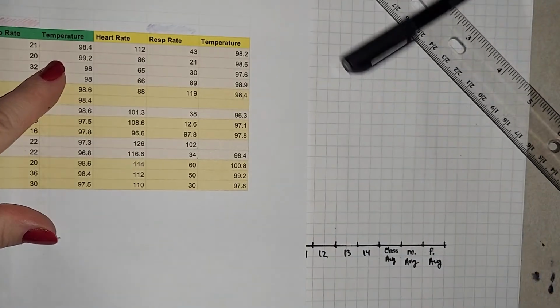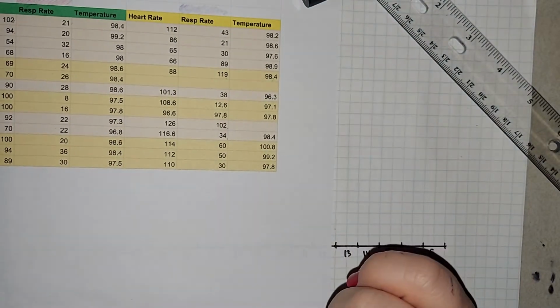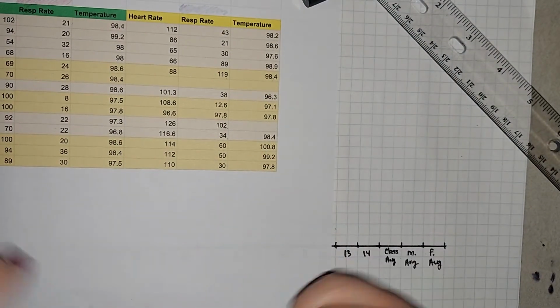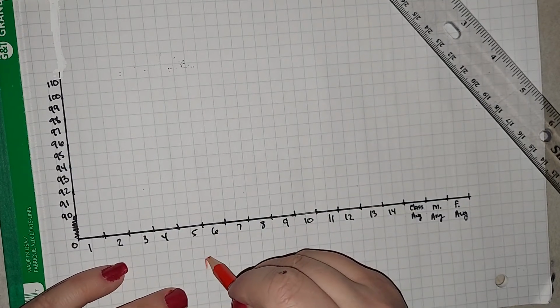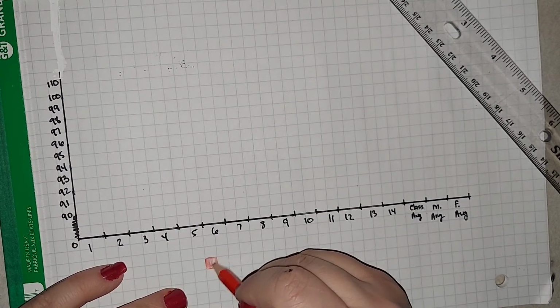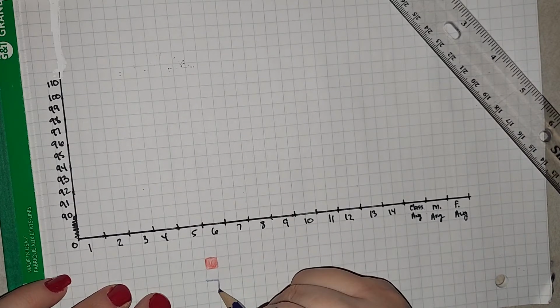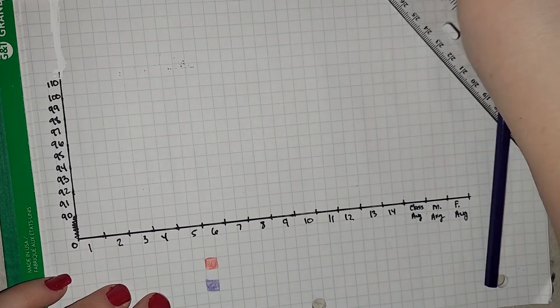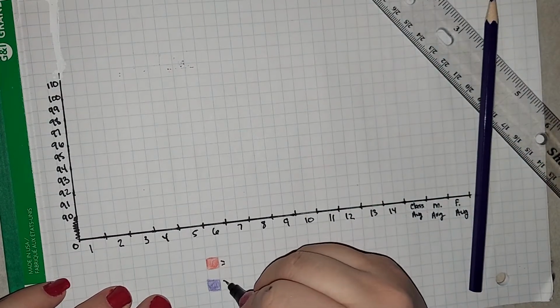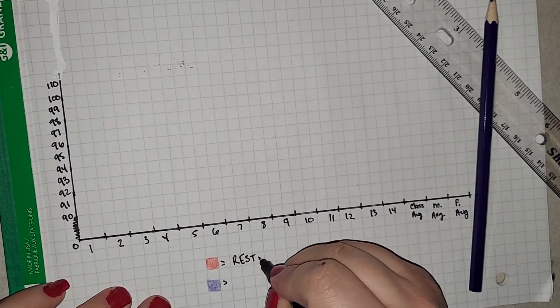We're going to look at temperature, which we're going to use the red pen for, and then we'll use the purple for the other. I'm keeping my colors consistent as we go through the data points, because I want to be able to look at all three and identify exactly what I'm looking at without looking at different legends.